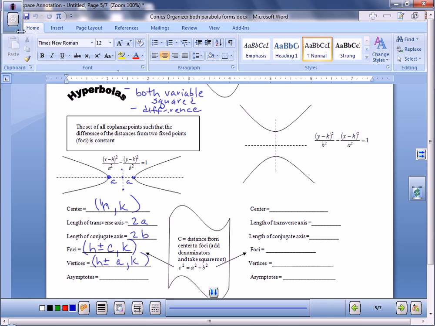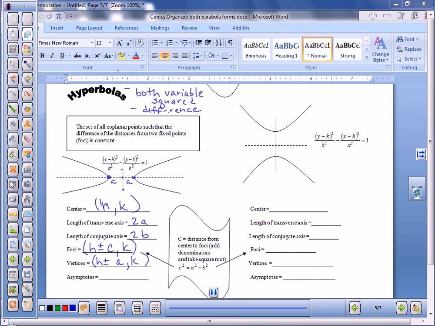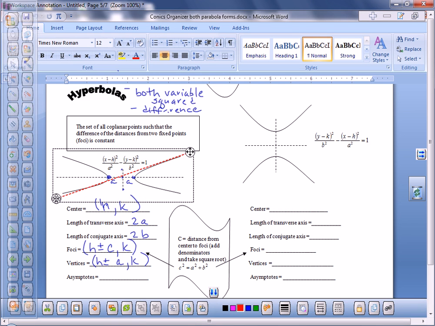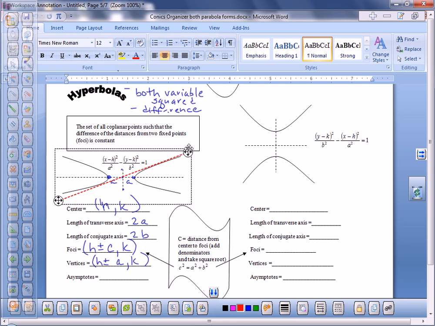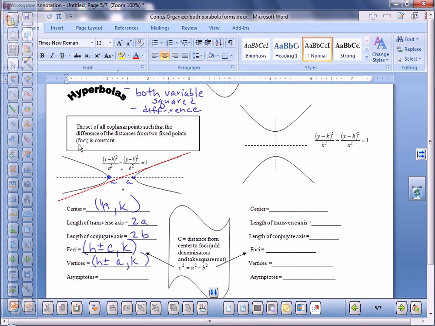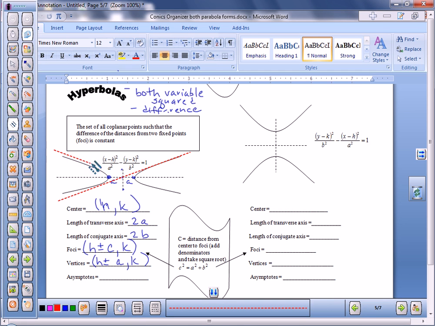And asymptotes. On the hyperbola, what we have are asymptotes, which help guide us in drawing our hyperbola. I did a terrible job, but we have two here, and they just kind of follow along, something like that. And we have another one coming this way.